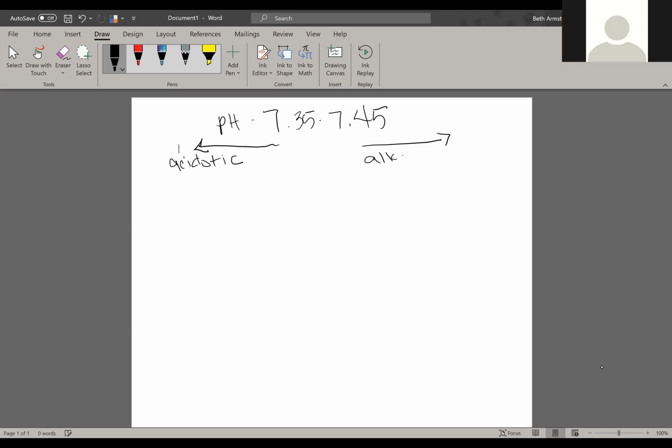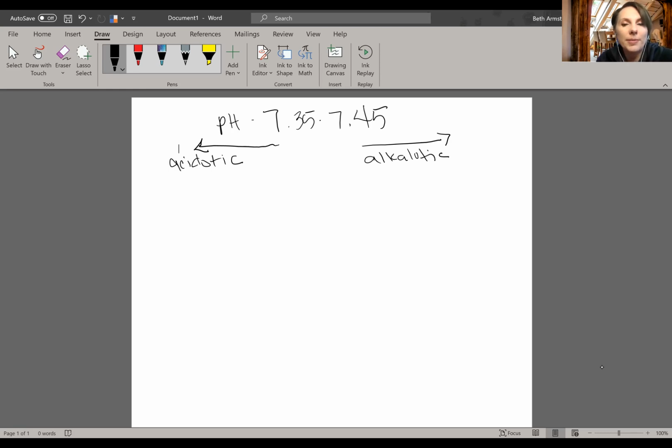Alkalosis. Alkalotic. That is the first thing that we look at.